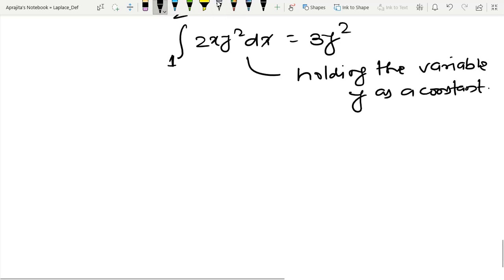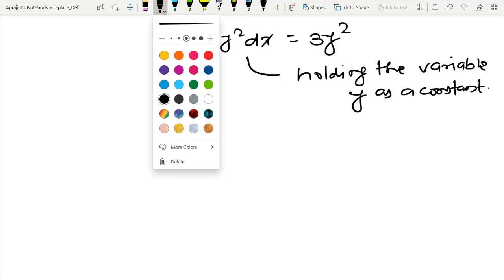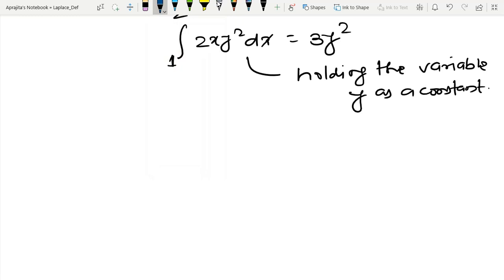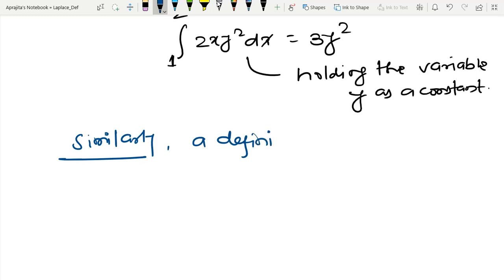So now similarly, this is a definite integral because I have a lower limit as well as an upper limit, and I am going to define it like this.